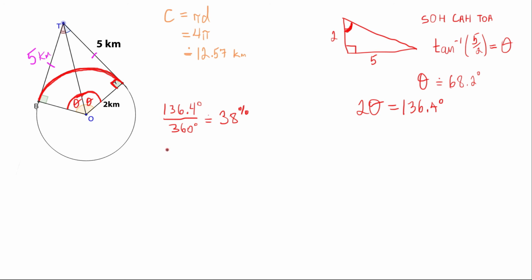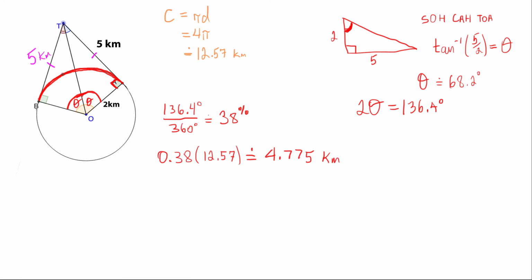So we're going to take 38% or 0.38 of 12.57 kilometers, which is the entire distance around that circle, but we're only going a portion. That comes out to 4.775. I'll go a few more decimals than what I've been doing. So 4.775 kilometers.